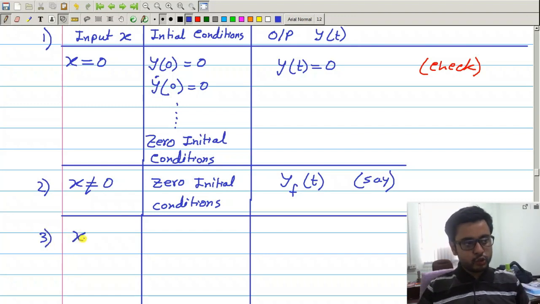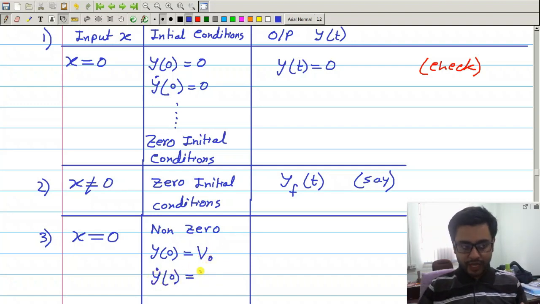when you take 0 input but non-zero initial conditions, like y(0) equal to some value, call it v0, y dot 0 equal to some value v1, and so on.